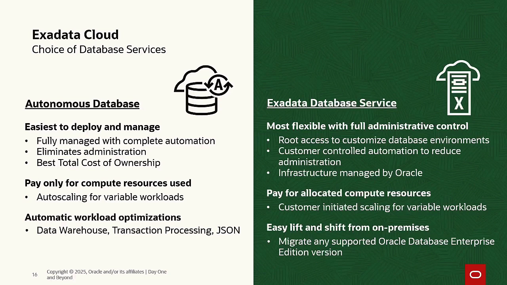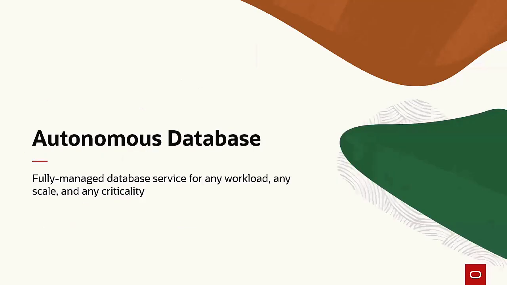When it comes to Exadata database service, customers pay for the compute resources they allocate and can scale those resources as required. So Exadata database service is also ideal for migrating any supported on-premises Oracle database enterprise edition to the Exadata cloud with no changes.